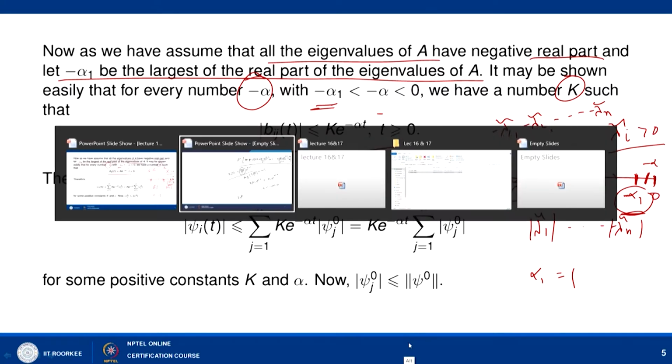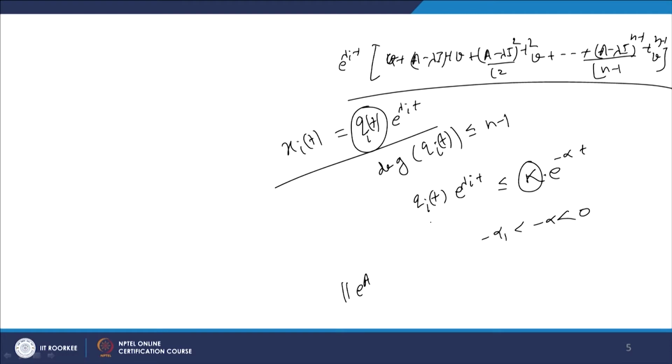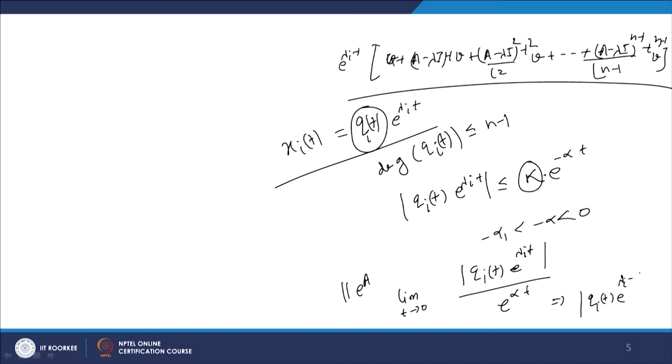How can we achieve this? Take q_i(t) e to the power lambda_i t divided by e to the power minus alpha t, and take the limit t tending to infinity. This is equal to the norm of q_i(t) e to the power (lambda_i plus alpha) t, tending to 0 as t tends to infinity.